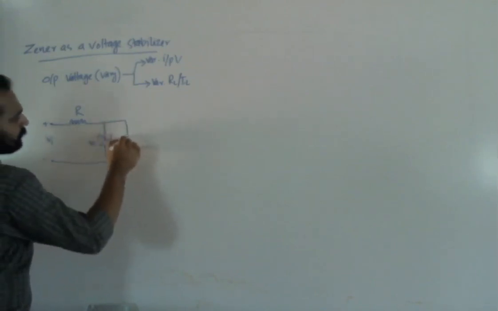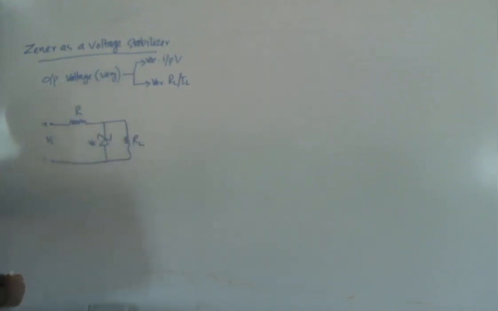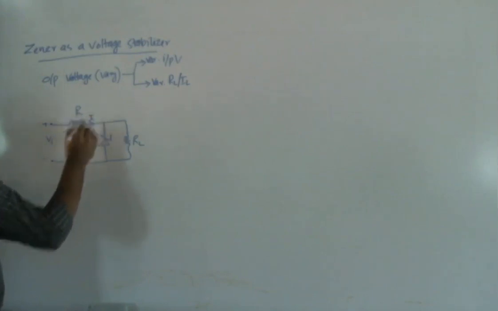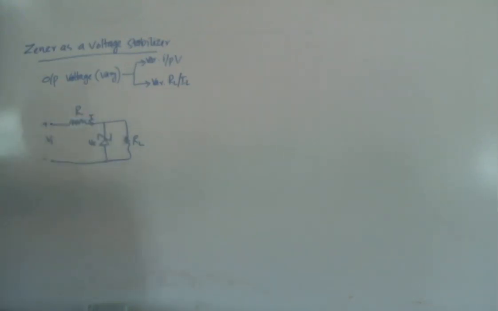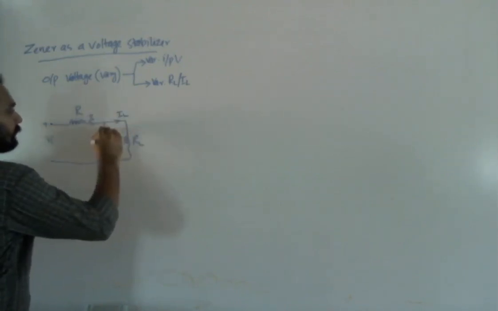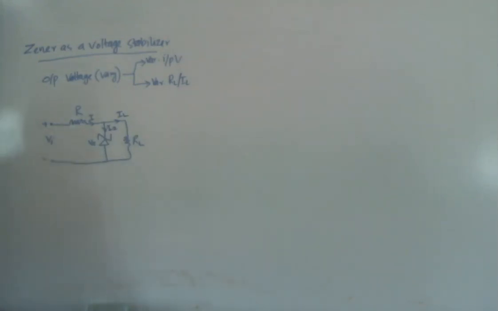A load resistance RL is connected across the Zener diode. Now let I be the current drawn from the battery by the circuit, IL the load current, and IZ the Zener current, or current to the Zener diode. Suppose this is the circuit diagram of the simplest voltage stabilizer or voltage regulator.